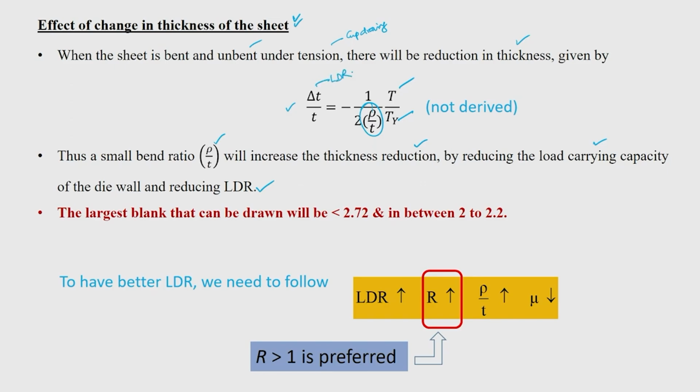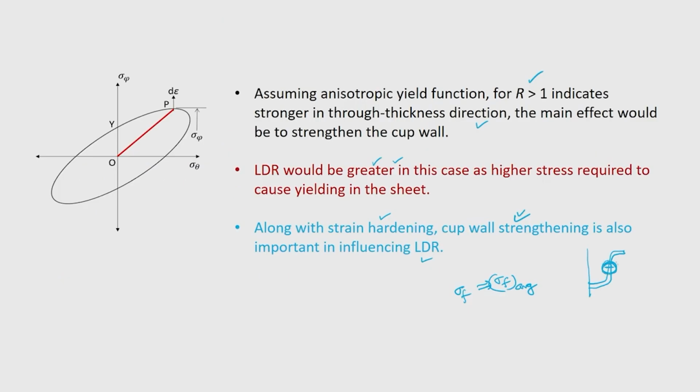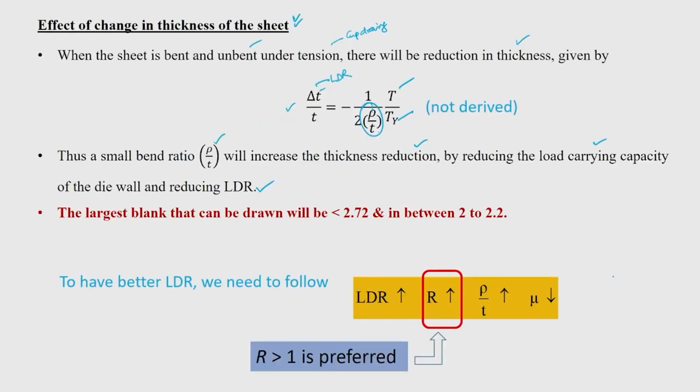For a small bend ratio, which is in the denominator, it will increase the thickness reduction, which reduces the load carrying capacity of the die wall, and it reduces the LDR further. So if the load carrying capacity of the die wall is reduced, which you have seen in this particular diagram, your LDR will reduce.